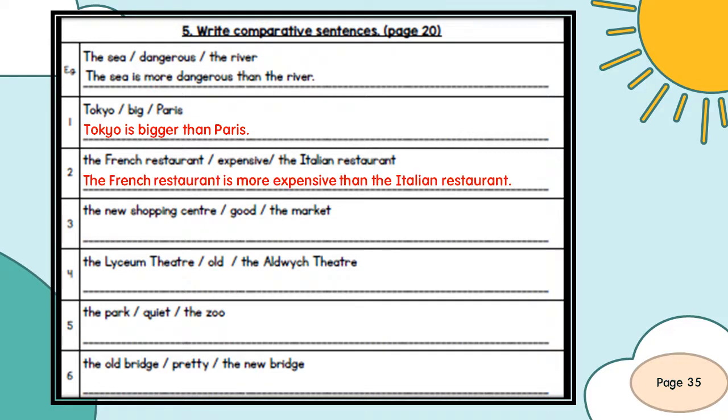Number 2. The French restaurant is more expensive than the Italian restaurant. Number 3. The new shopping center is better than the market. Number 4.